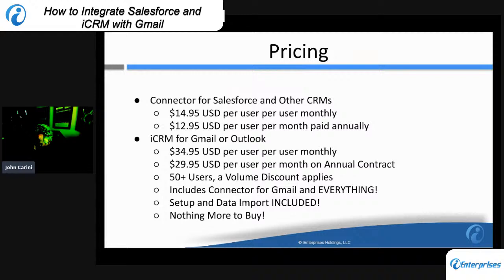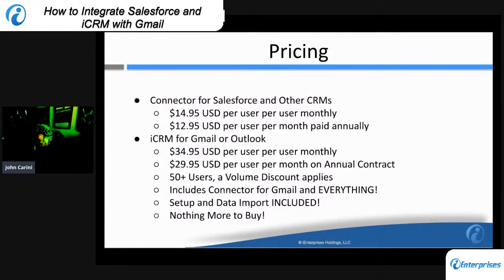So those are basically the two prices for the connectors, and then iCRM, which is our own CRM product, actually includes the connector, and it also includes this new social insights thing that literally lets you go to any LinkedIn profile and save them as a lead, including email address.